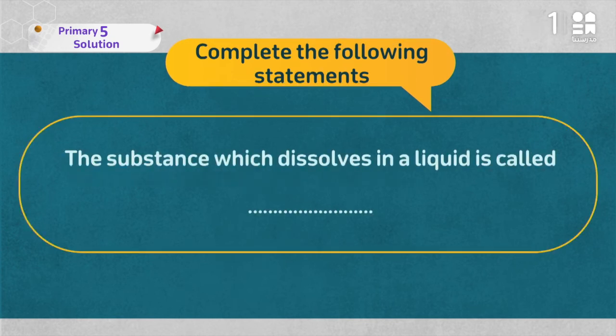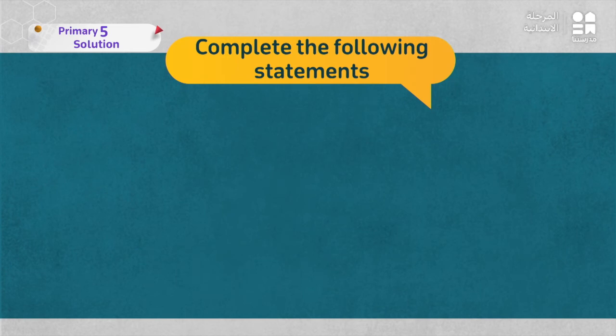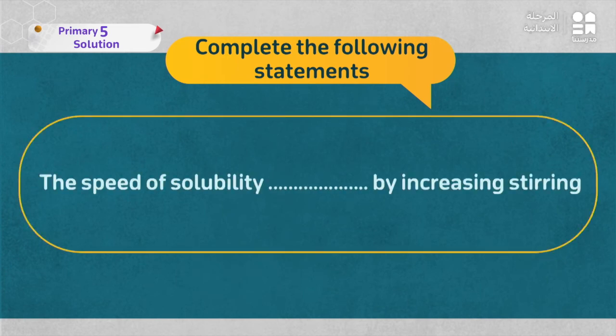Question number 3, the substance which dissolves in a liquid is called: dissolves in a liquid means we're talking about the solid, which is the solute. Question number 4, the speed of solubility, what happens to it by increasing stirring?